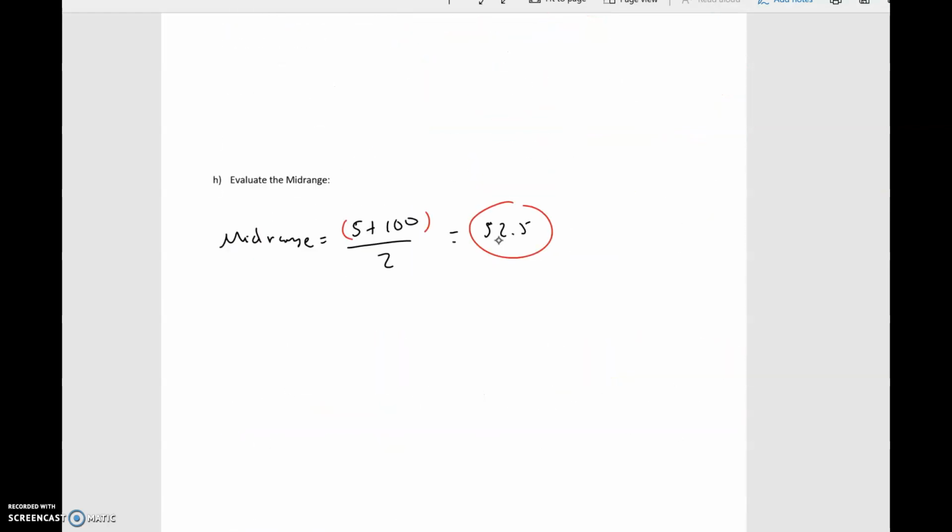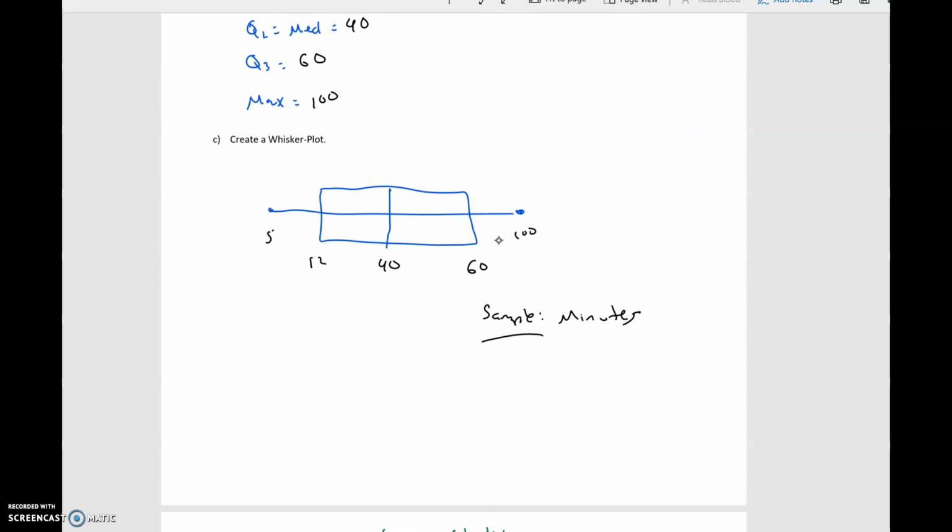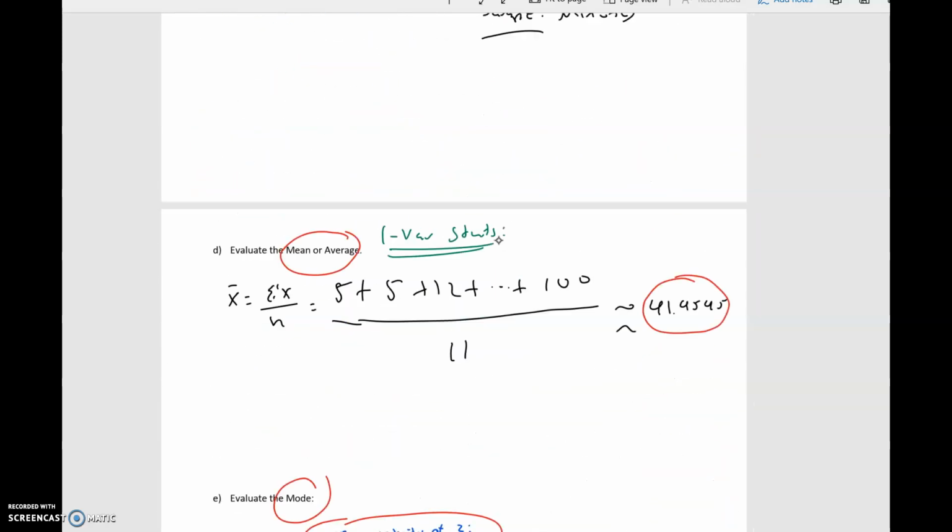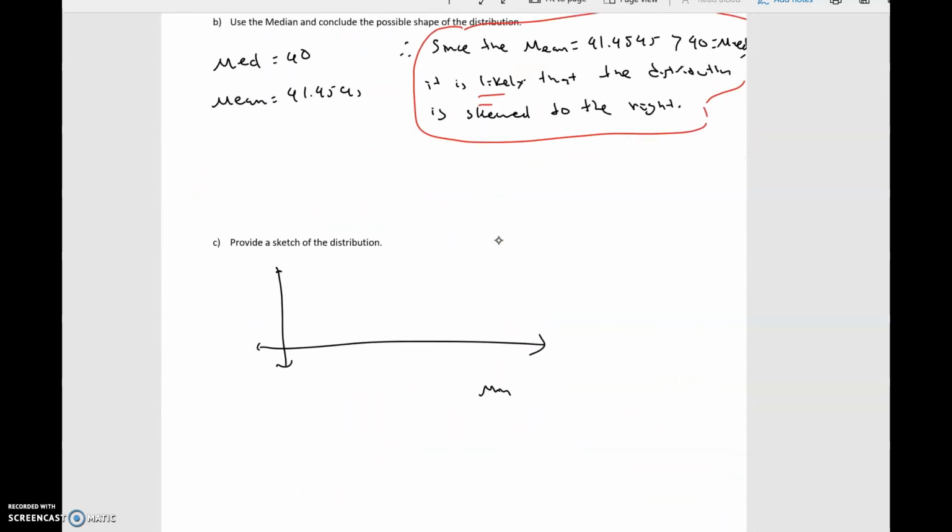Your minimum value started at 5, so we're still looking at 5, and then it goes to the right. As long as you have the value of 5, and technically it's going to be something along these lines.